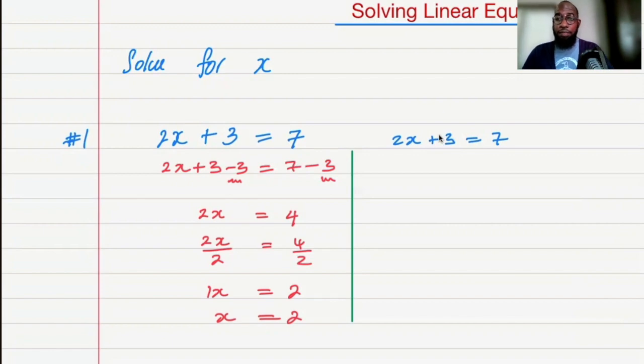I know I have to minus 3 to make it 0. If I minus 3 on this side, I know it's 0, so I will not write it. I'll just minus the 3 on the other side. So 2x is equal to 4.